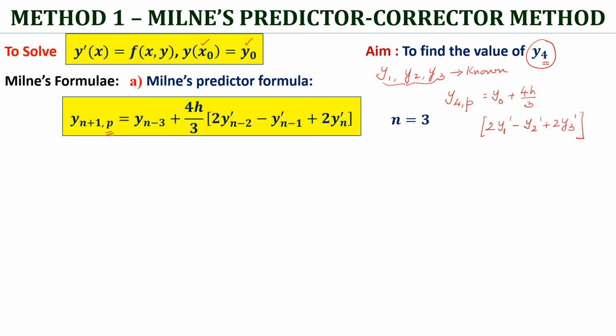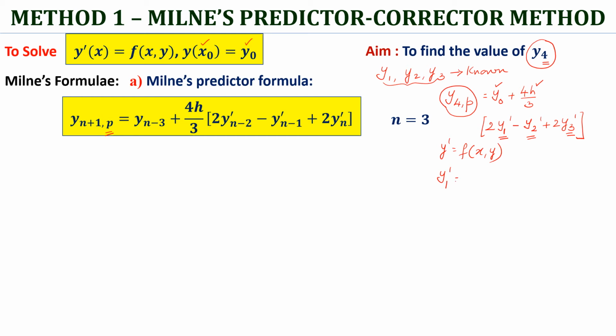Now to calculate this value, what all do I require? y0. Do I know that? Yes. h is given to me in the problem. I know. What is y1 dash? What will y2 dash mean? What will y3 dash mean? Now can we guess from the given equation? I'm sure you all agree that y dash is equal to f of x, y. So can you guess what will be y1 dash?